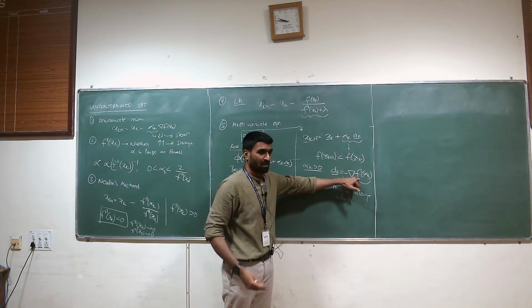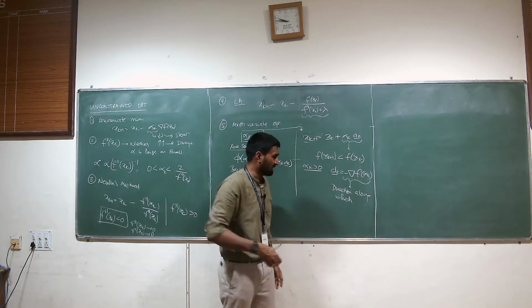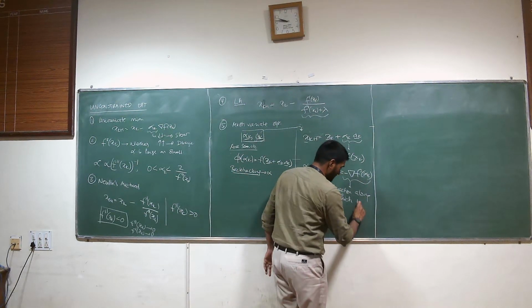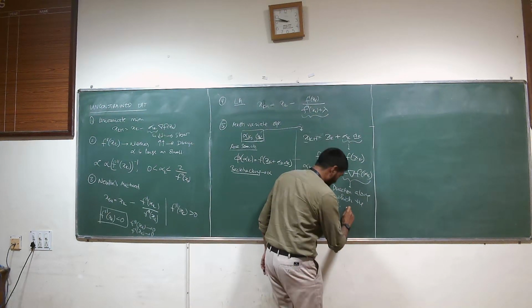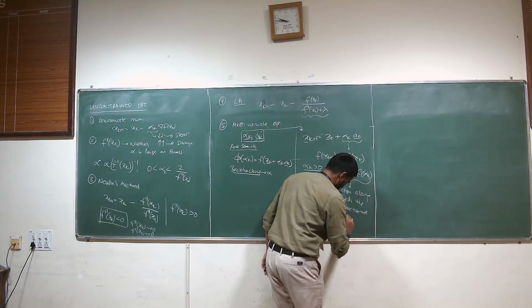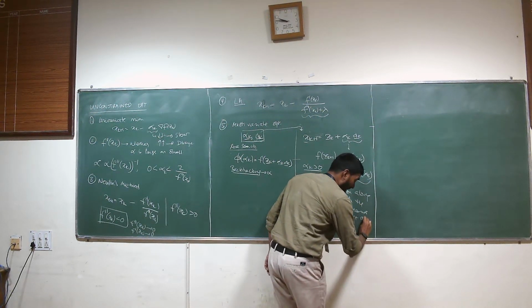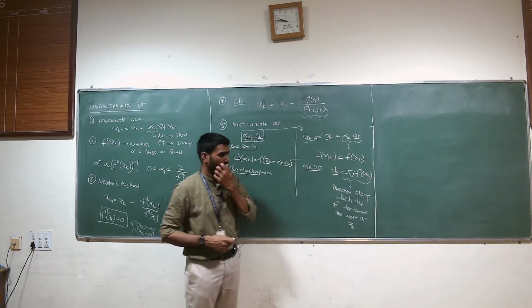But if I move in the exact opposite direction, then the function will decrease the most. So this is the direction along which the function decreases the most at xk, not at any other point, where I am right now.